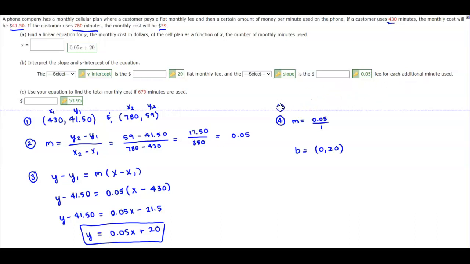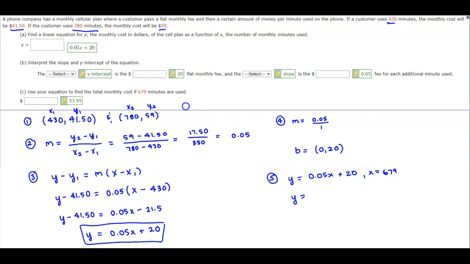Okay? Now in part C, we're going to call that step 5. It says use your equation to find the monthly cost if 679 minutes are used. So we're going to use the equation y equals 0.05x plus 20, where x is going to equal 679 minutes.